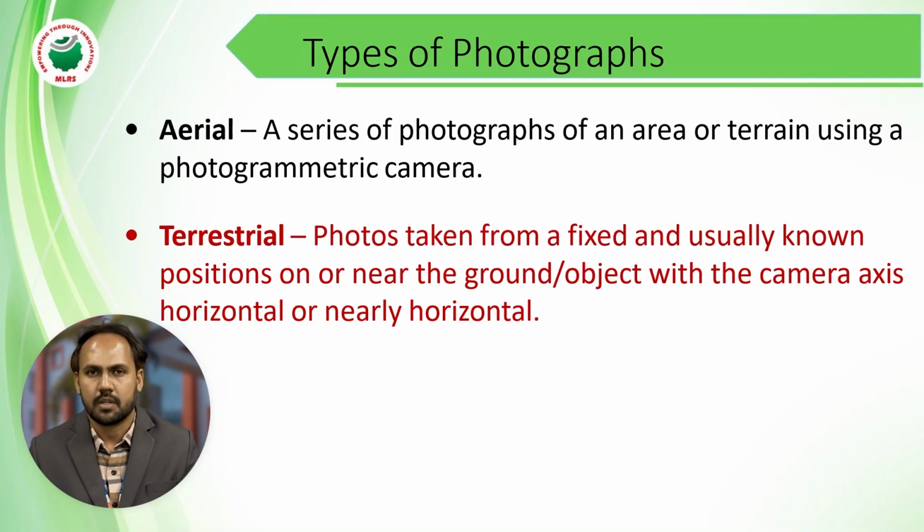Coming to terrestrial photogrammetry, the photograph is taken in the horizontal direction, that means the camera is mounted on a tripod, or a man holds the camera and stands on the ground itself. So basically the difference is that in aerial photogrammetry every photograph is taken in the vertical direction, and in terrestrial photogrammetry every photograph is taken in the horizontal direction.